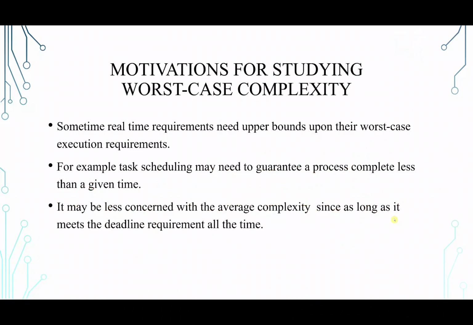The motivation for studying worst case complexity is that sometimes real-time requirements need upper bounds on worst case execution. Actually, when you work for a company, most people would ask you for average and worst cases, and many people would be interested in the worst case.